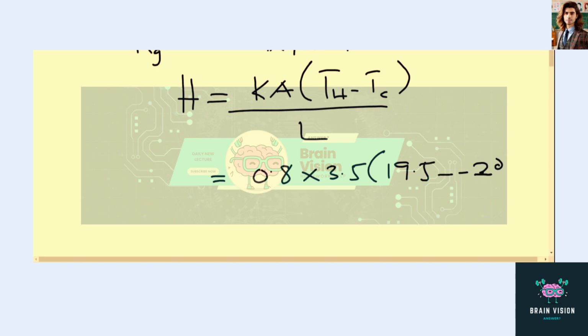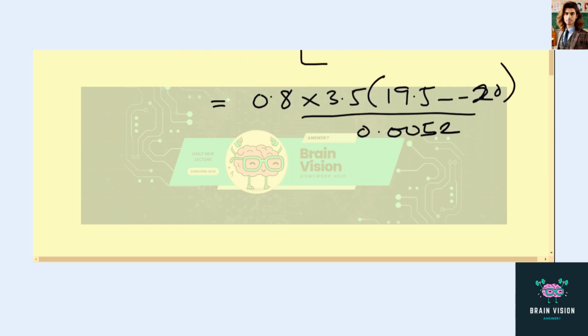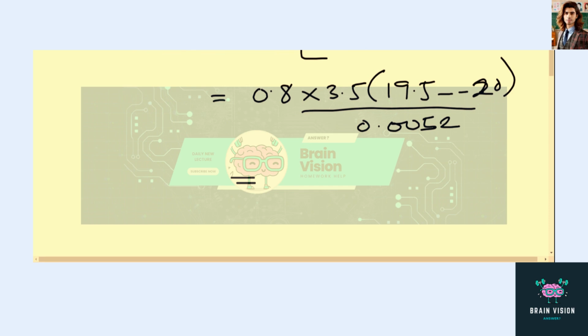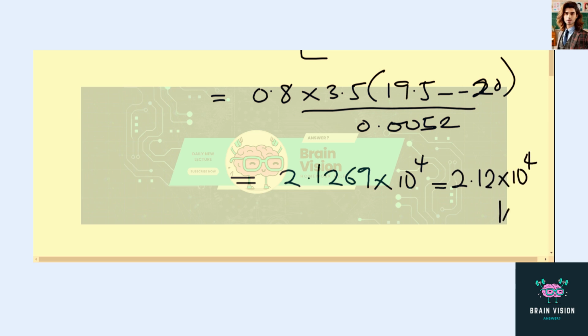Remember, the temperature is negative 20 degrees, so minus negative 20, all divided by the length, 0.0052. This should give us about 2.12 times 10 to the power 4 watts.